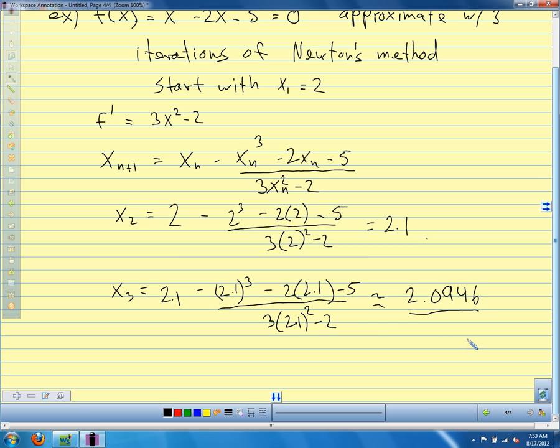I just wrote that to remind us what our function was, what we're plugging in. But you don't have to do that. You could jump right in with this. And I should have paid more attention because I forgot my squares there.